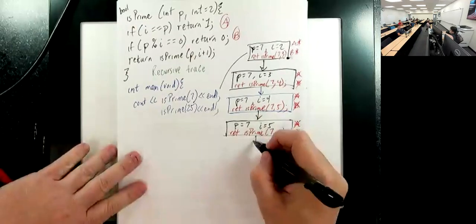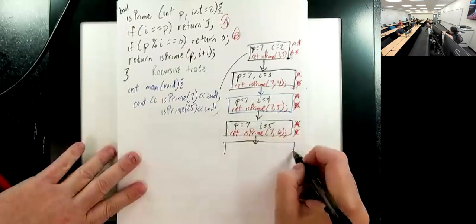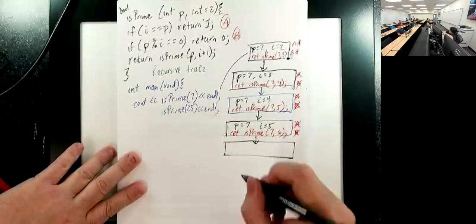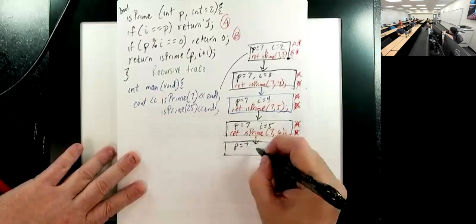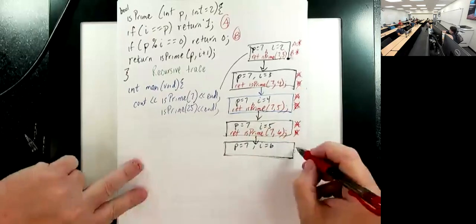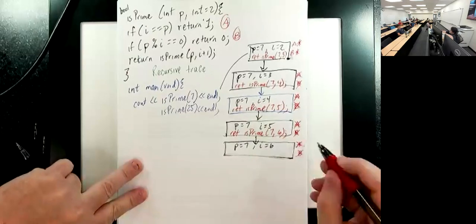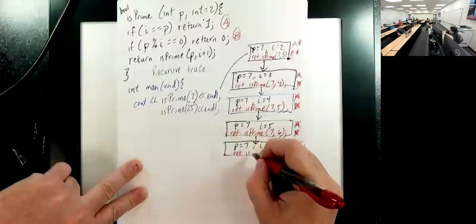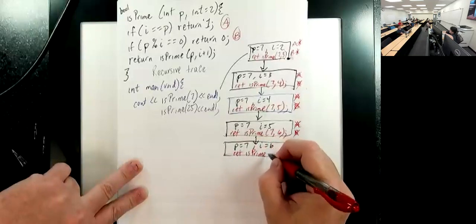We come down, it makes another stack, or the stack grows. p equals 7, i equals 6. Again, it doesn't work. So return is prime 7,7.